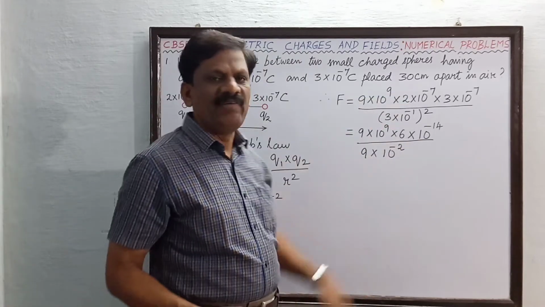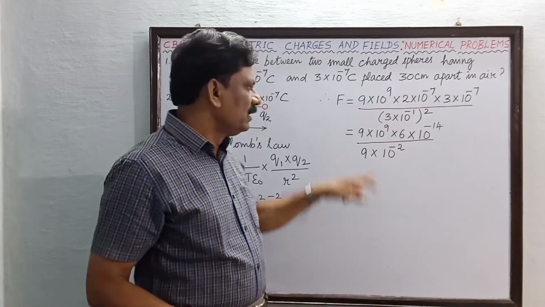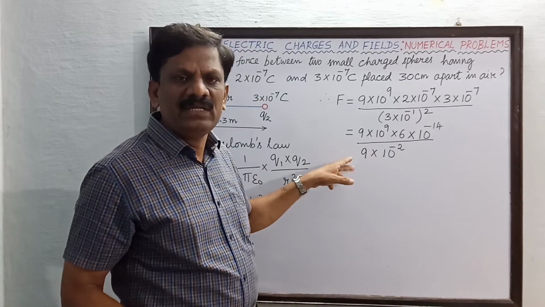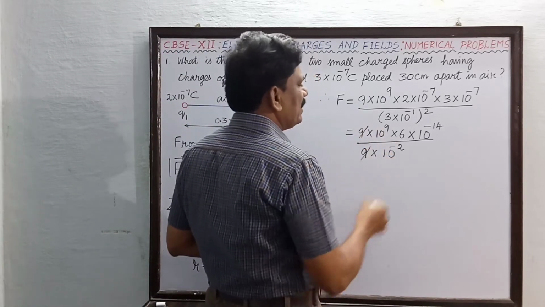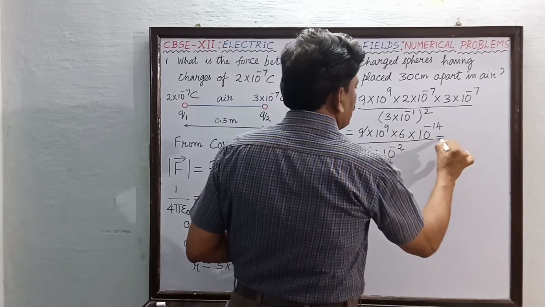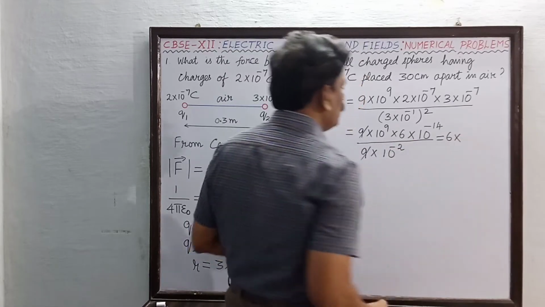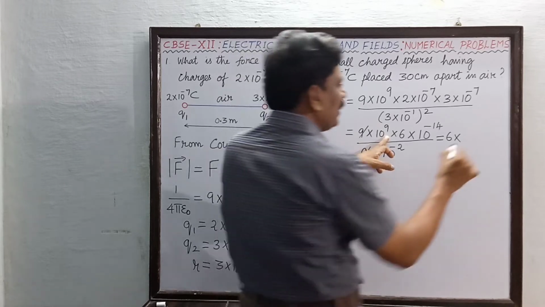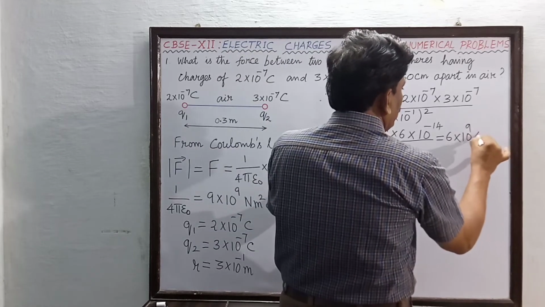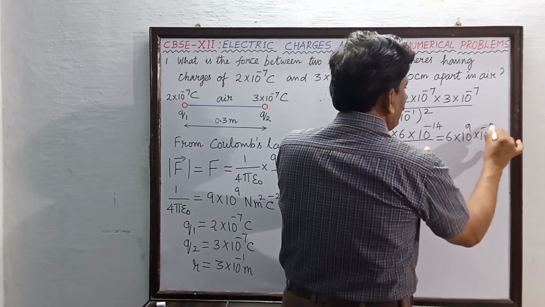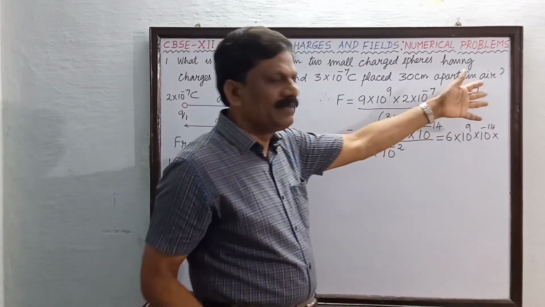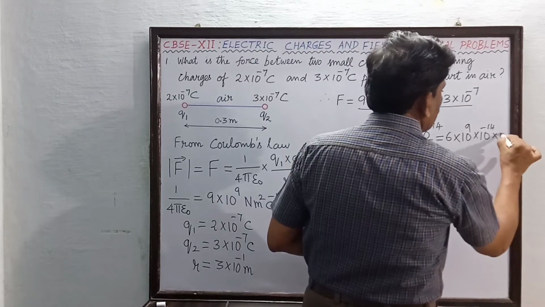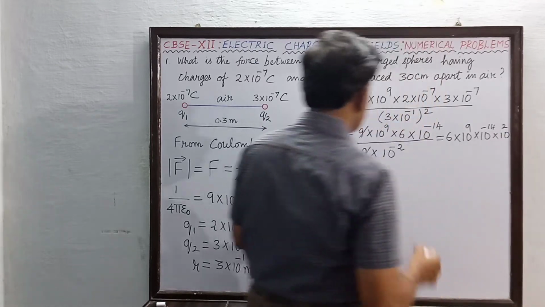So like this, I have written it in an easy format. This 9 and 9 can be cancelled. What is remaining is 6. So this is 6 into 10 power 9, into the remaining power 10 power minus 14, into this 10 power minus 2, which comes up as 10 power plus 2.